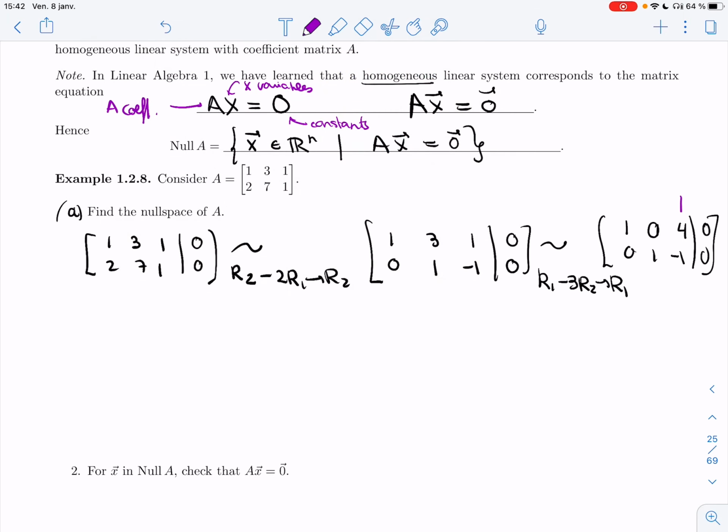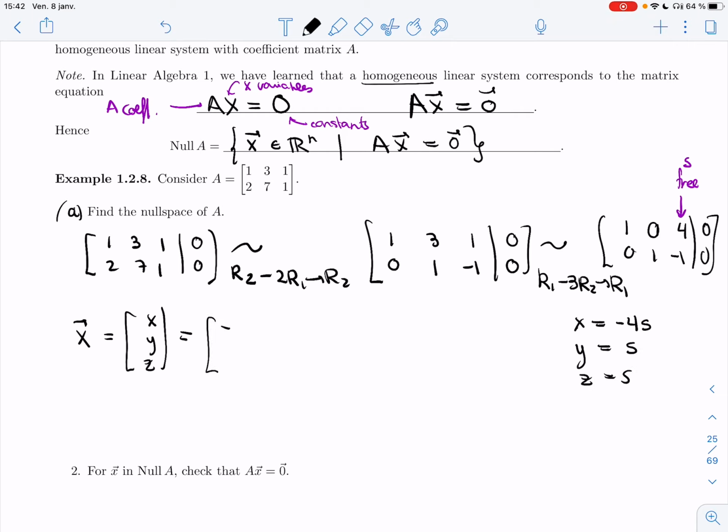We have one free variable, Z, let's call it. So this one is free. I'm going to use S. And so I'm going to get, let's call them X, Y, and Z for my vector X. Here, X is going to be minus 4S, Y is going to be plus S, and Z will be plus S as well.